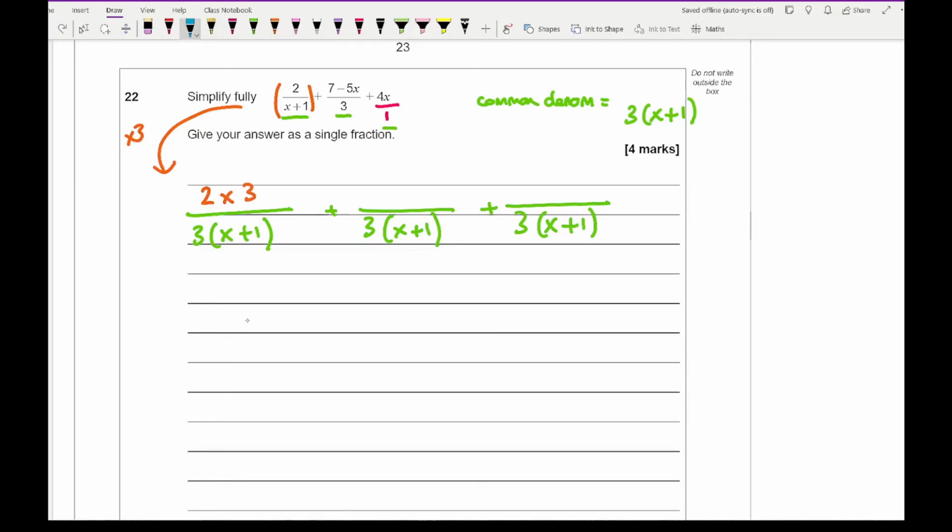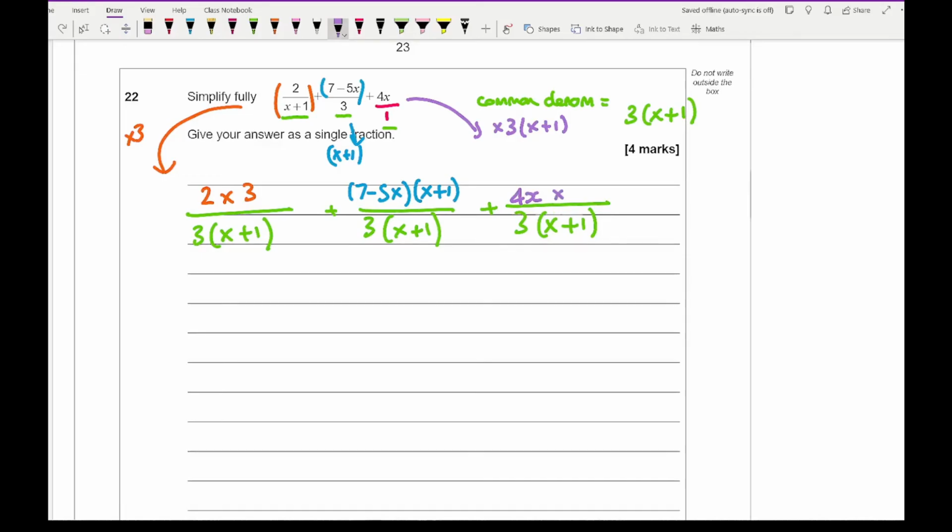Then for this second fraction, I need to multiply that by x plus 1. So I multiply both the top and the bottom by x plus 1. So that's going to be 7 minus 5x, then x plus 1. And then in this third one, I want to multiply by 3 lots of x plus 1. So that's going to be 4x multiplied by 3(x + 1).